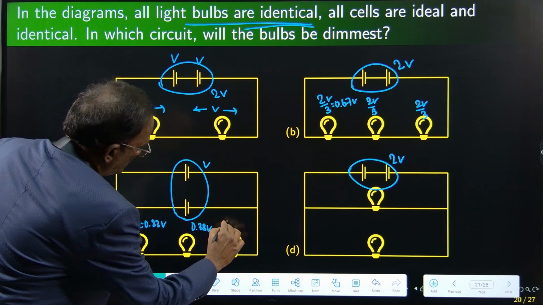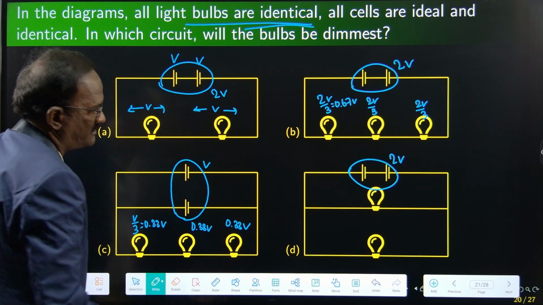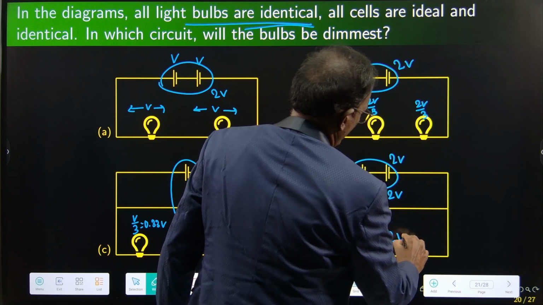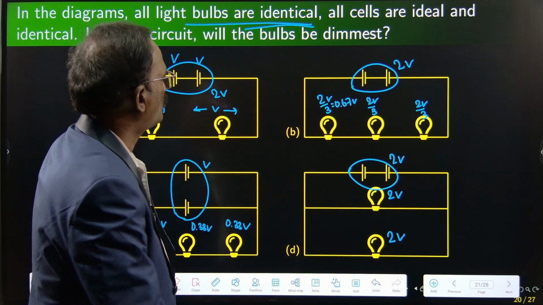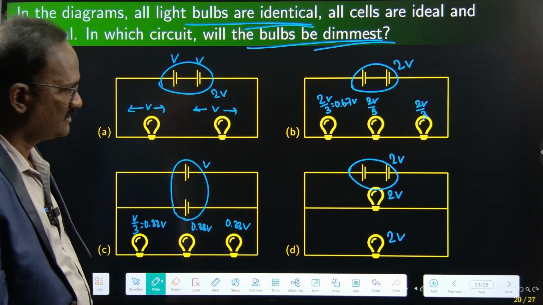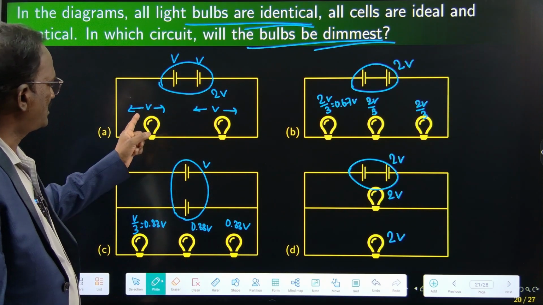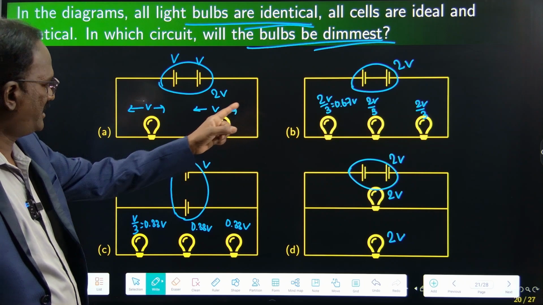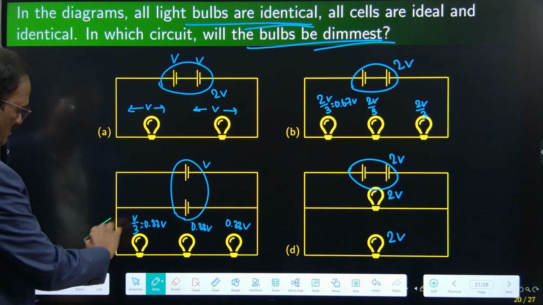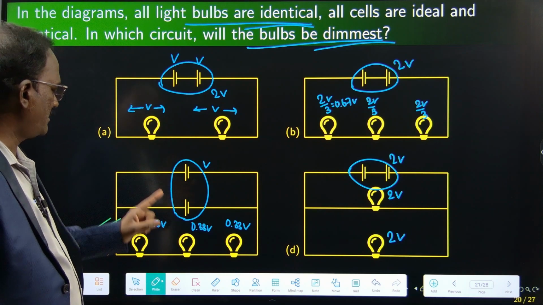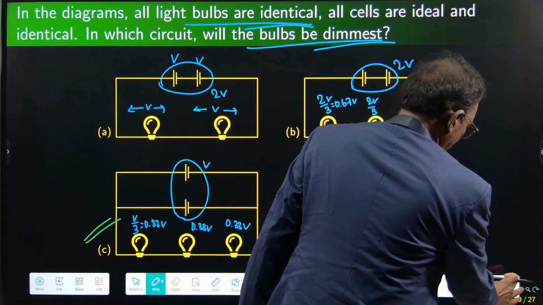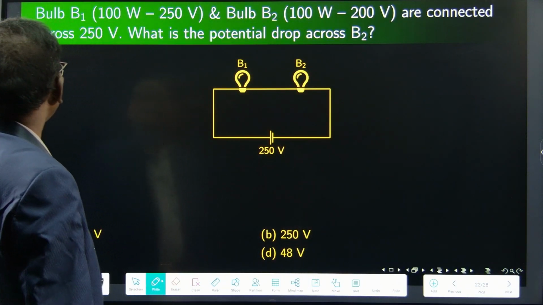Then this is 2V, with 2V in a parallel connection. So the question is, in which circuit are the bulbs glowing dimmest? This is V, this is 0.67V, this is 0.33V, this is 2V. The bulbs are getting only 0.33V, so option C is the answer. The dimmest bulbs are in option C.